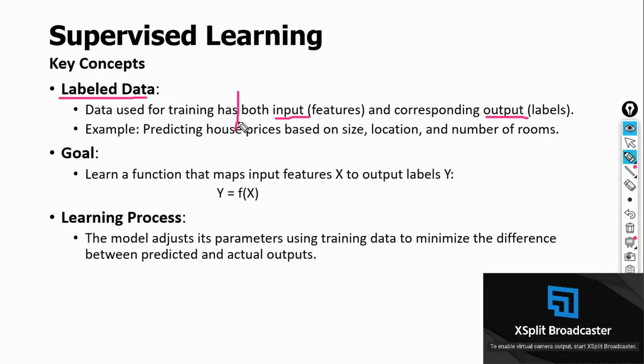House price is the output Y, based on size, location, number of rooms. All these come into the picture and act as inputs. A very widely used example for labeled data is predicting house prices.